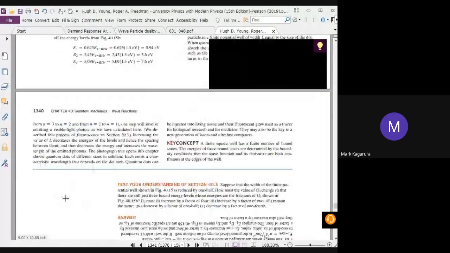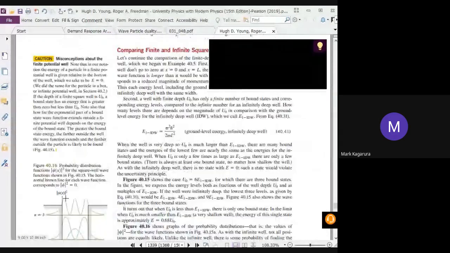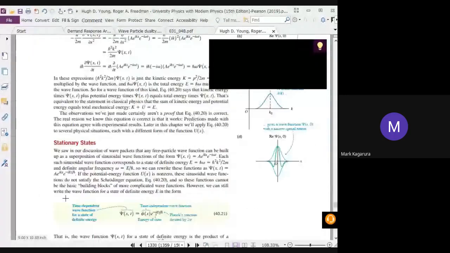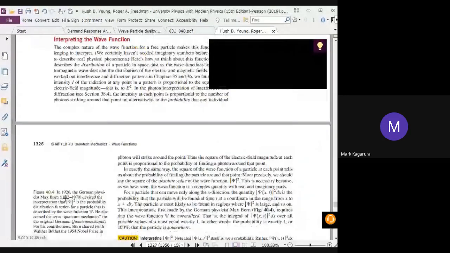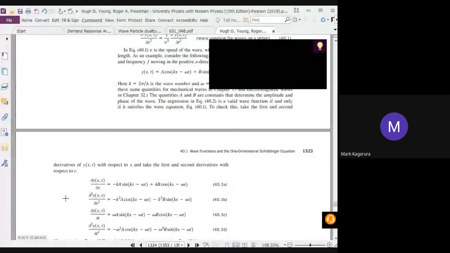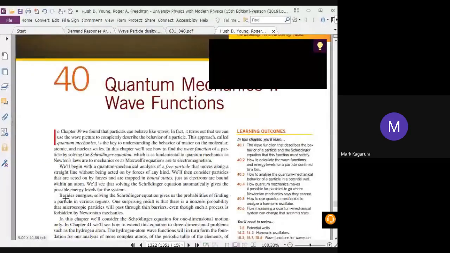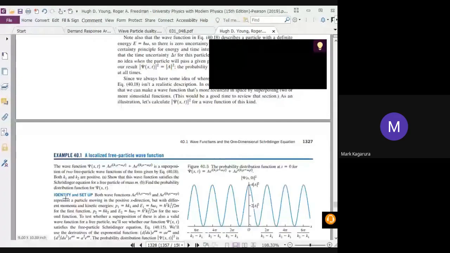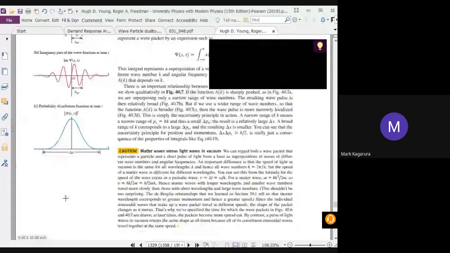Okay. These are some of the solutions which we got on Monday. So background is there from the wave mechanics, and then it first goes with interpreting the wave function, which we have hinted a bit on.